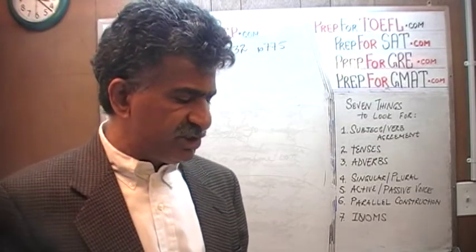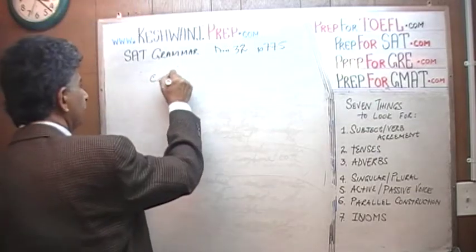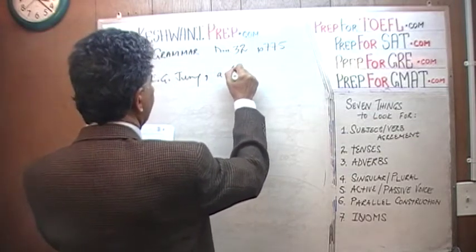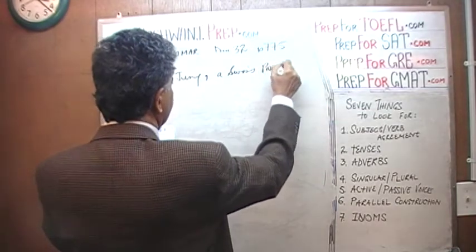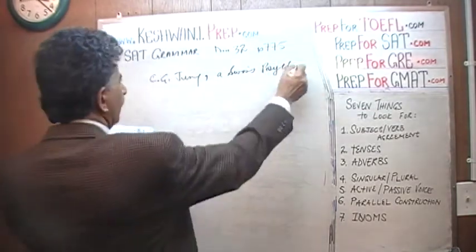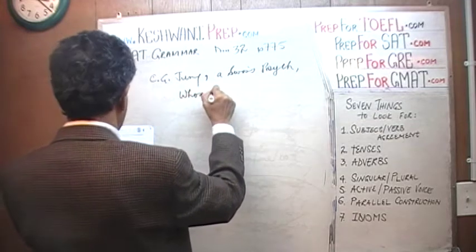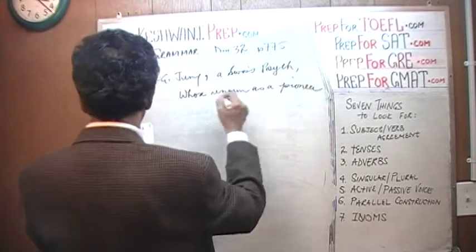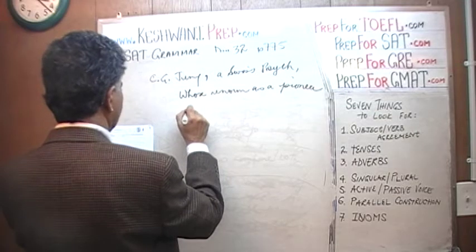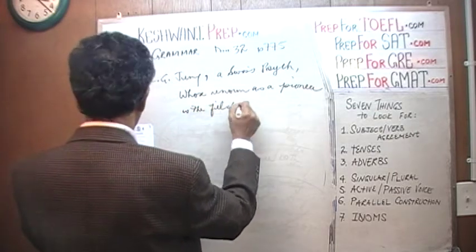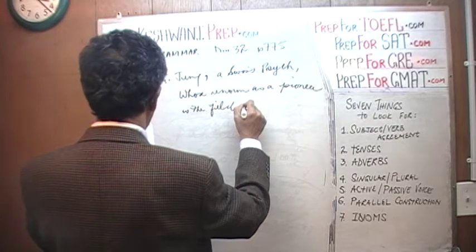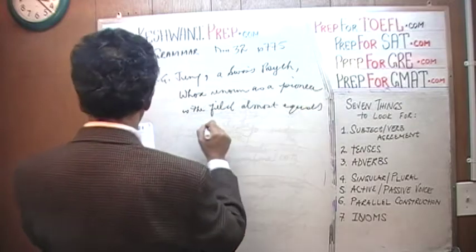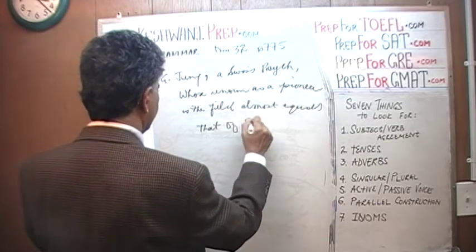Number 8. C.G. Jung, a Swiss psychiatrist, who's renowned as a pioneer in the field, almost equals that of Sigmund Freud.